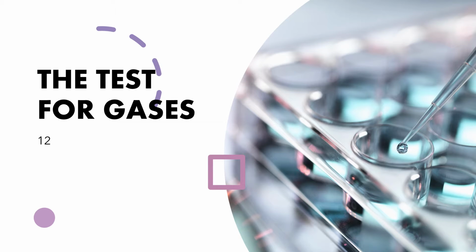The test for gases. Several of the tests for anions and cations involve detecting gases produced by the test reactions. The gas tests are another important set of general analytical tests.